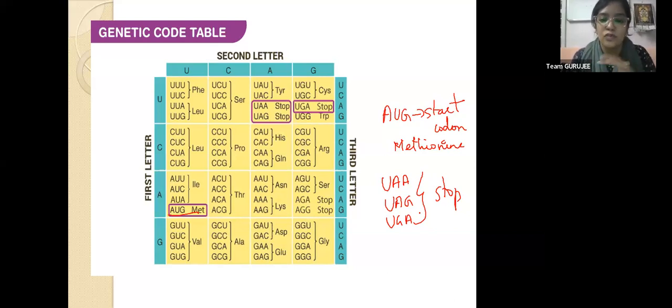The process will stop. Because they are called stop codons, these three codons are there only to stop the process.